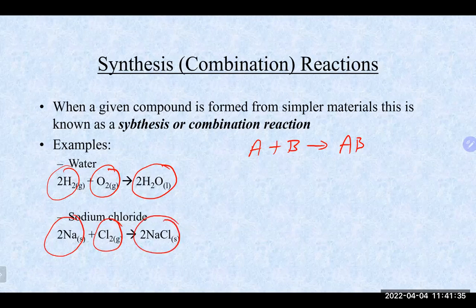Each of these is ultimately also a redox reaction. The last type of reaction that falls under the redox umbrella is the opposite of this one, which is a decomposition reaction, where we take one thing and break it apart into two or more things.